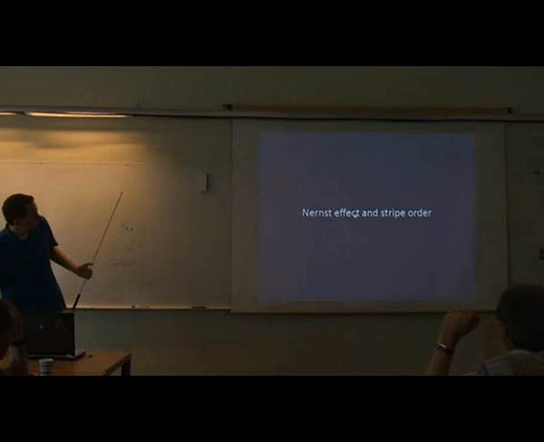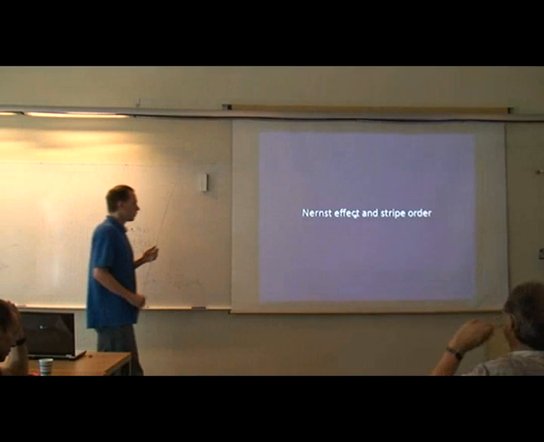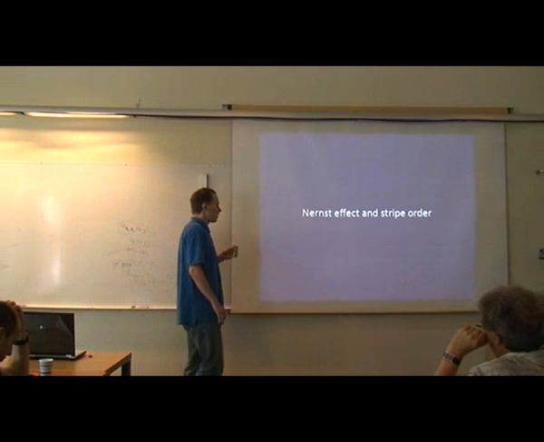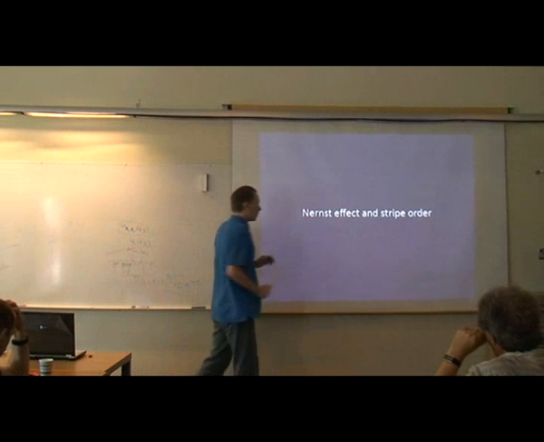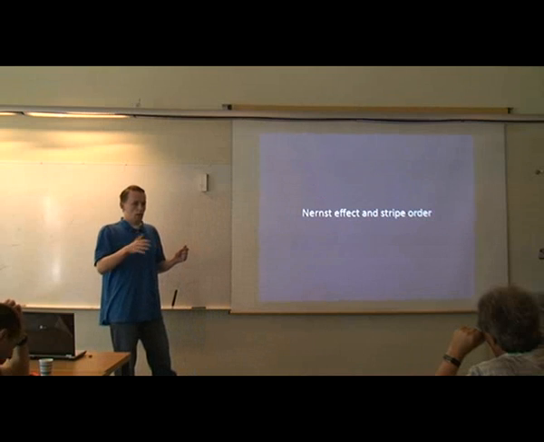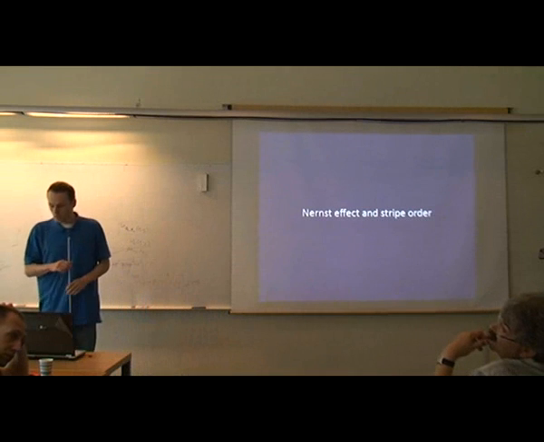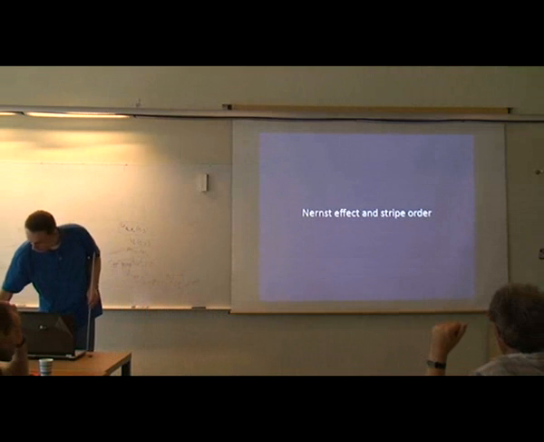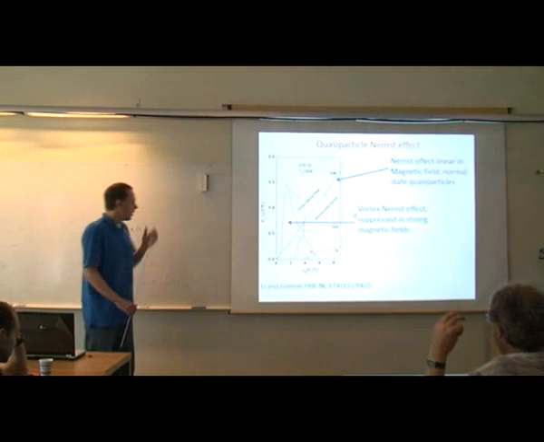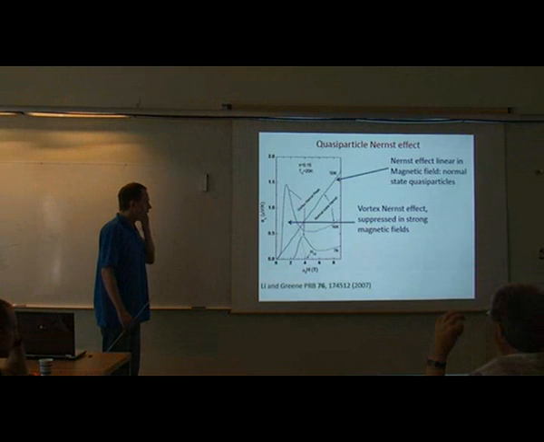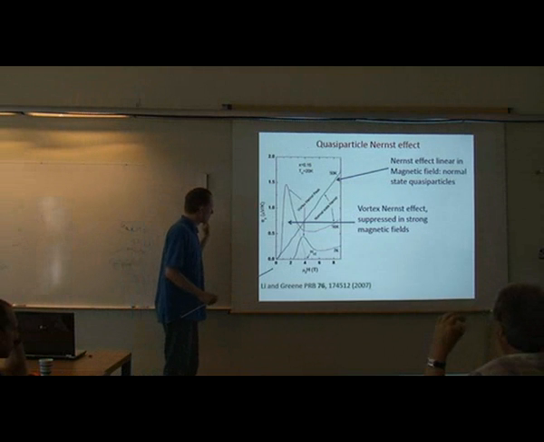So the first thing I will consider is the stripe order. The question is essentially how, I mean, how do you have HC2 above TC? That implies that there's a second HC2. Is this in the superconducting phase?